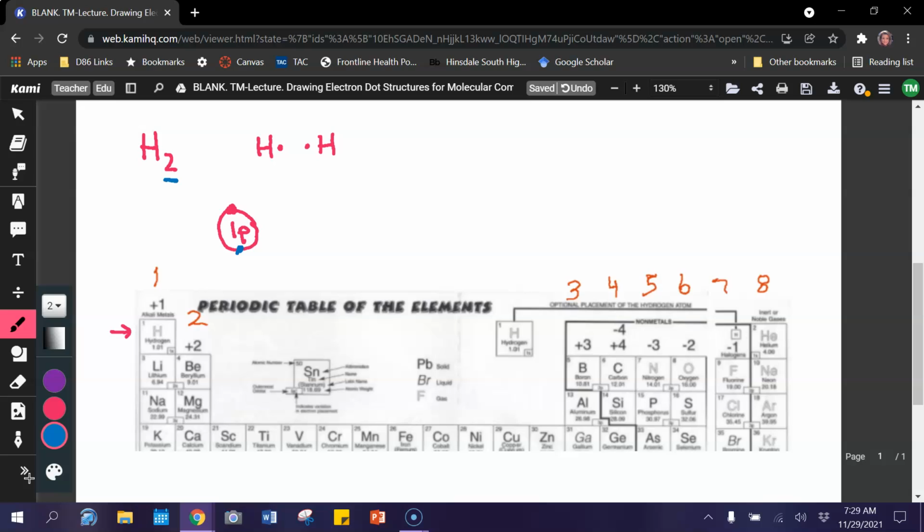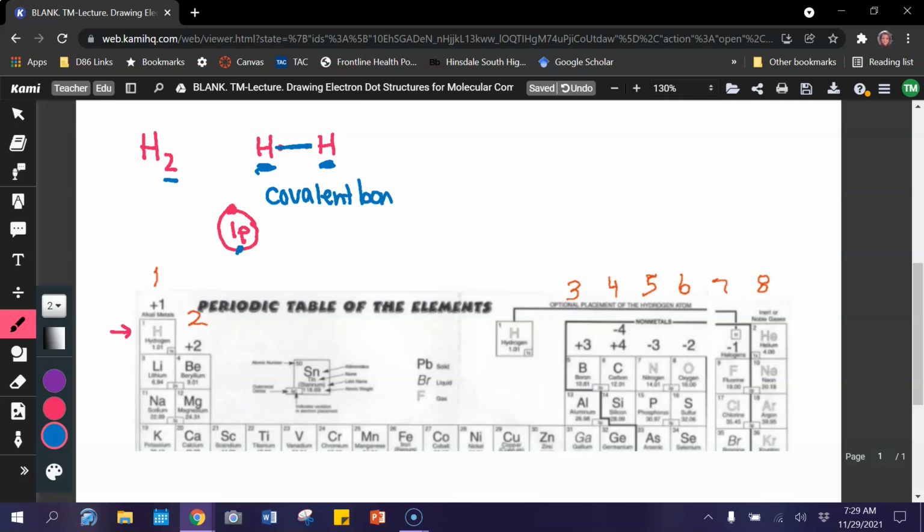So how is that going to work? Well, these 2 hydrogens are going to share their electrons with each other. So these electrons are going to spend some of their time around this hydrogen on the left and some of their time around this hydrogen on the right. That's what a covalent bond is.